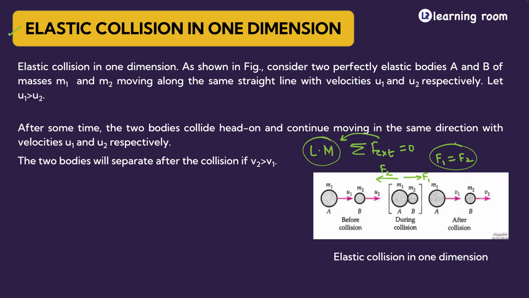Now tell me one thing. If these two objects are supposed to collide, what should be the relation between u1 and u2? u1 should be greater than u2. Only then will the object at the back be able to go and touch the second object.